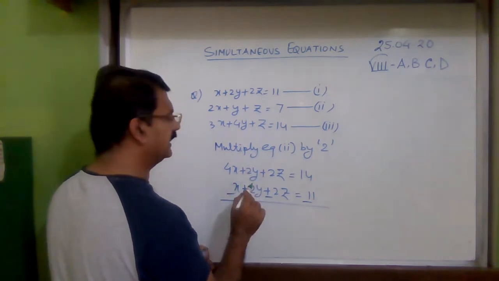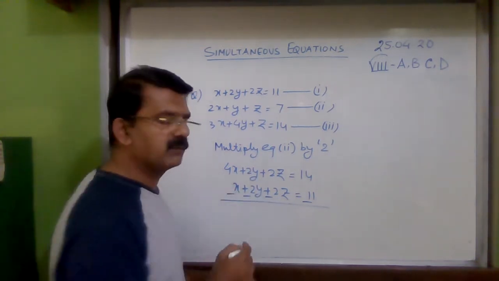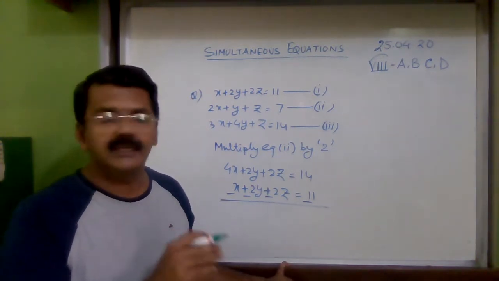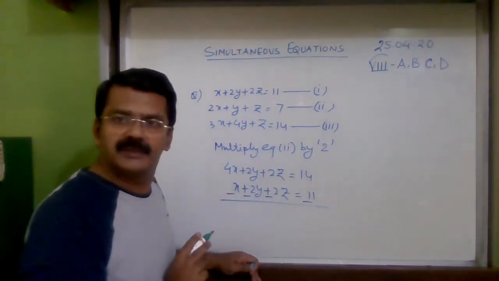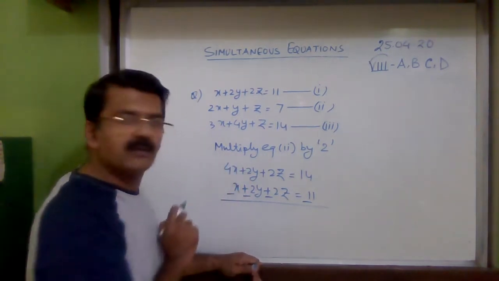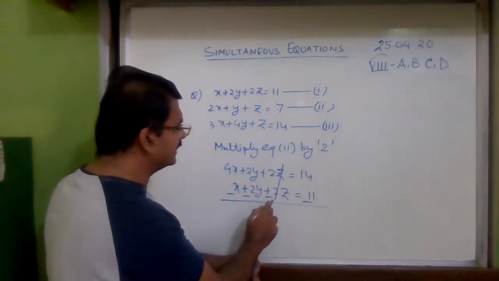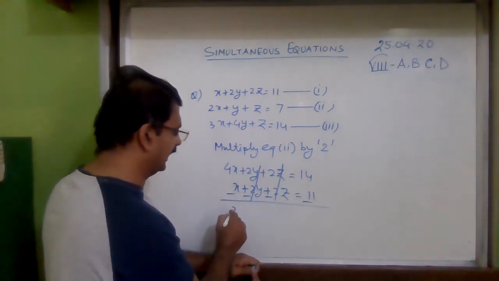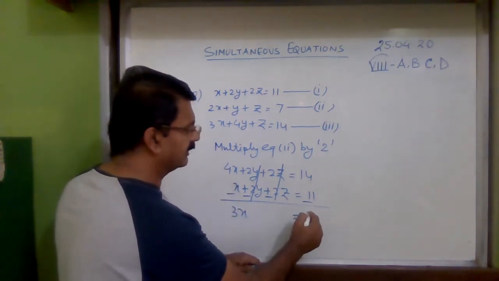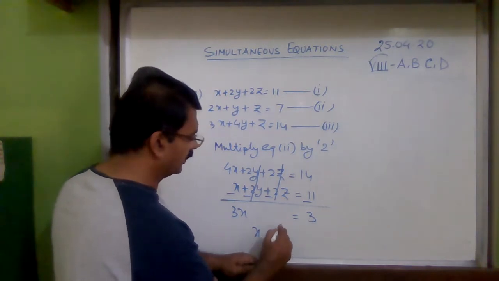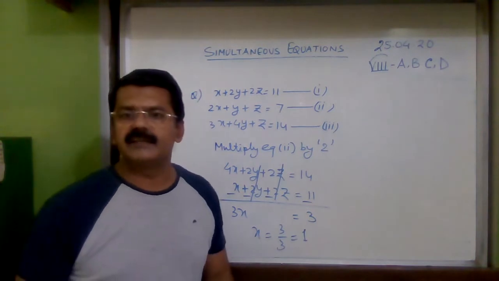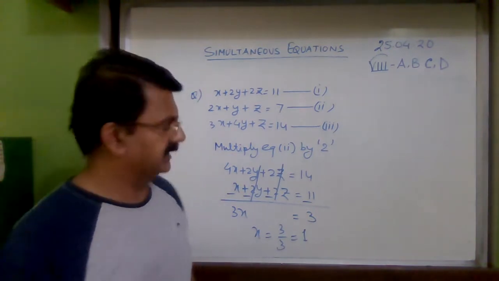Now, interestingly, over here you can see the coefficient of y has also become the same, but it will not be the case every time. But here we are having the same coefficient of y also. So z is cancelled, y is also cancelled. 4x minus x will give you 3x, and 14 minus 11 gives you 3. So x will be equal to 3 upon 3. So you can see here directly we are getting the value of x.